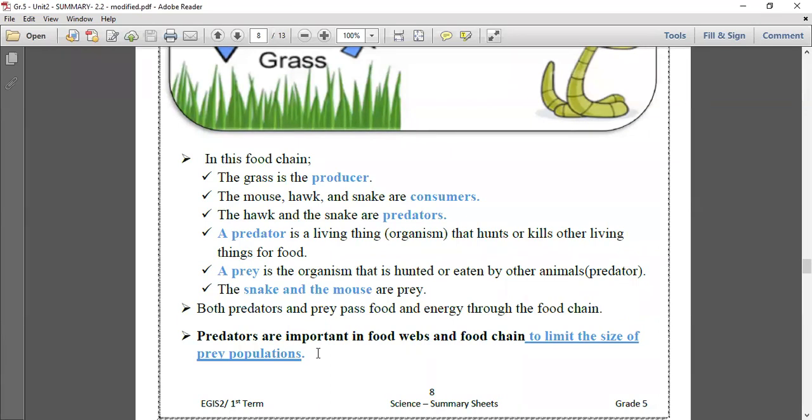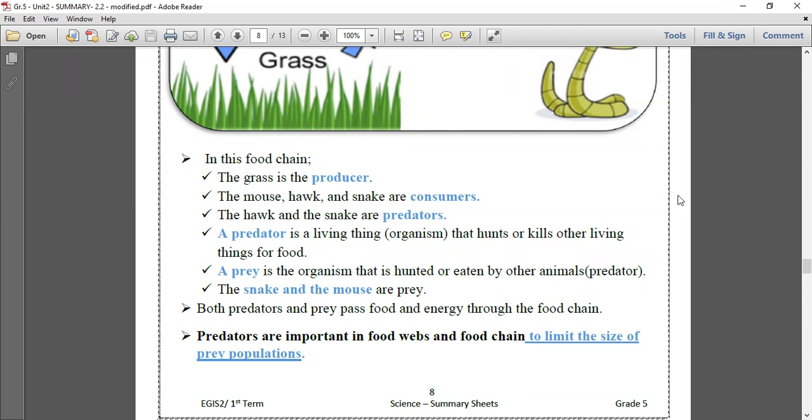The population, as we discussed before, includes all the members of a single species. Prey means the animals that are hunted or killed. The term limit the size means control the number. Keep the numbers of prey under control.